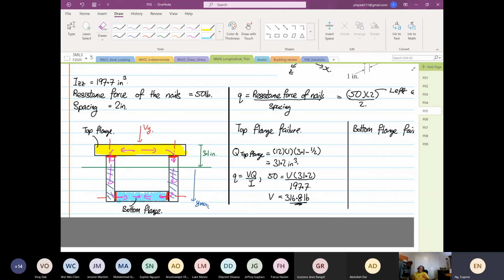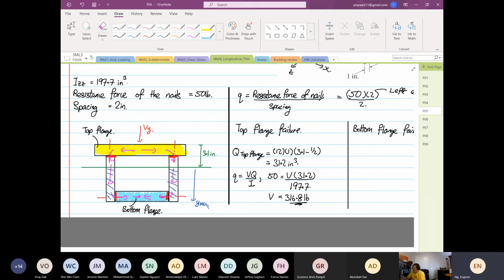So for this case, you just need to consider the bottom flange. You don't need to consider the web because the web is not going to fail because of the nail. Is there any nail at the web? No, right? The nails are nailed into the flange section. So the confusing part is people will look at it: the nails are vertical and horizontal. Whether the nails are vertical or horizontal does not matter at all. It's how the shear flow has been distributed.